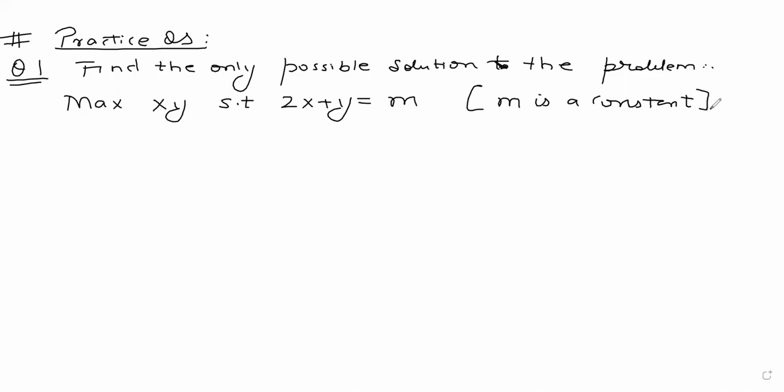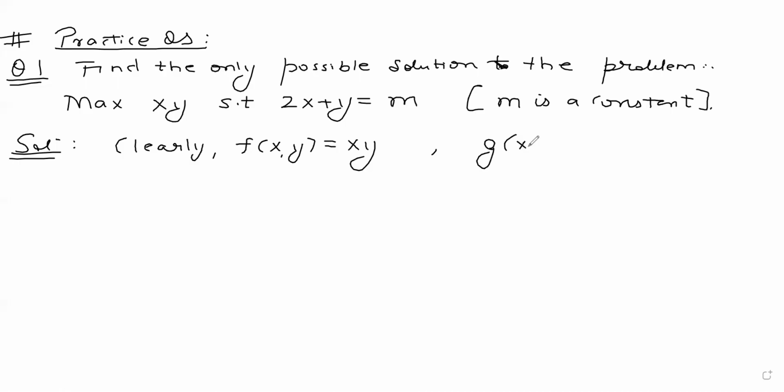So let's quickly do the optimization for this particular question. Clearly all students can see my objective function is f of x, y, which is x into y, and my constraint is g of x, y equal to c. My g of x, y is 2x plus y.